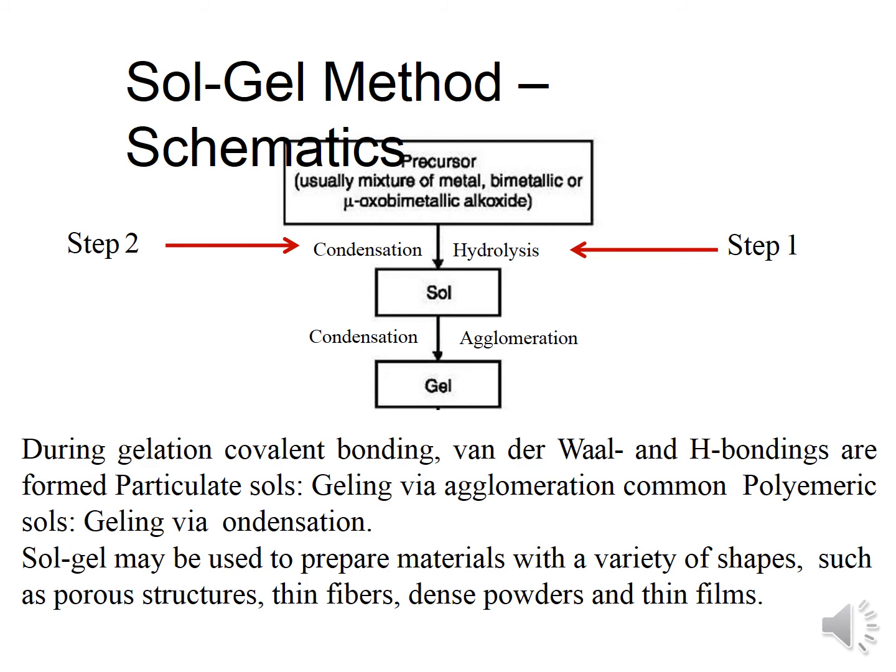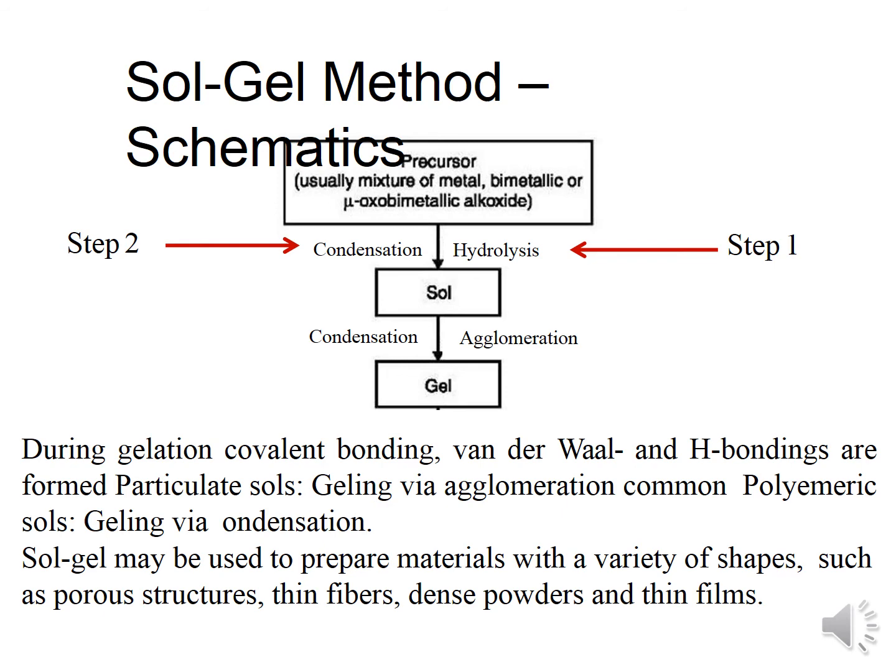Sol-gel method. The precursor is usually a mixture of metal or bimetallic alkoxides. Step 1 is hydrolysis and the second step is condensation, and the precursor is converted into a sol.